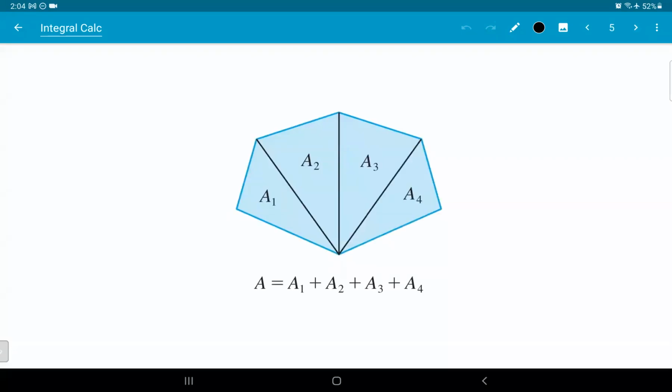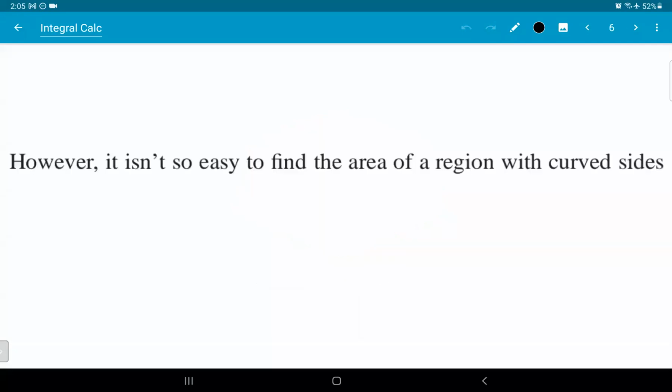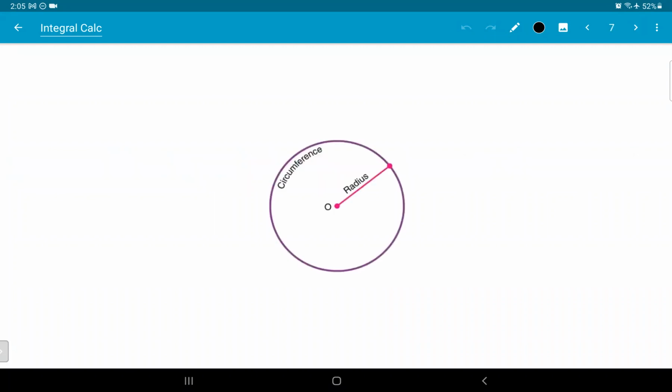And then for polygons in general, we can calculate the area by dividing it into several regions, like in the figure there for a five-sided polygon, a pentagon, where each region is a triangle whose area we know. But when it comes to shaded regions with curved sides, how do we measure the area? For circles, of course, we already know how to get the area, but it wasn't that easy back then.